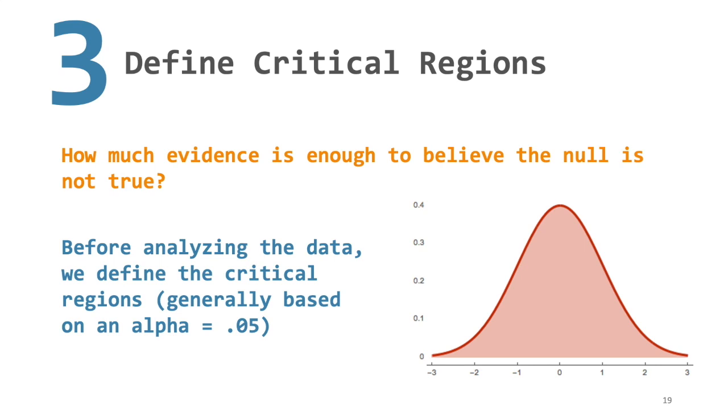If we're out there, if we're that far away, then that is enough evidence for us to say, yeah, we think there's a lot of evidence saying that the null is not actually true. With a t-test, it's often going to be around here. So if the t that we calculate in the next step is over here or over here, or in other words, our p-value is less than 0.05, then we're going to reject the null and say it's not true.